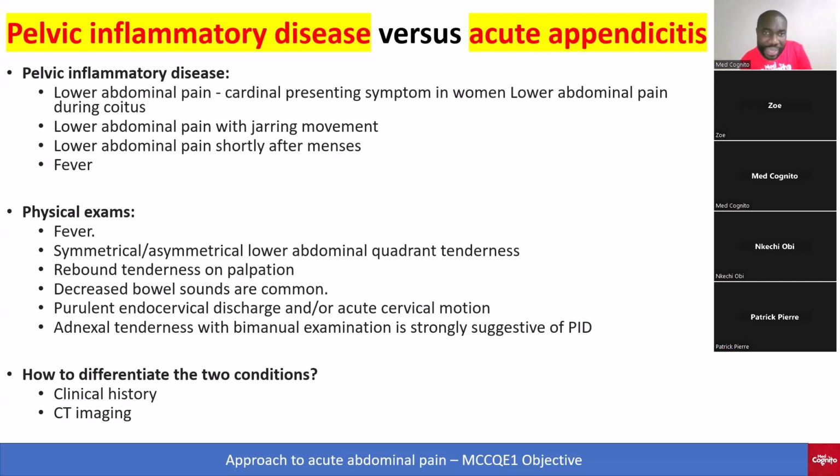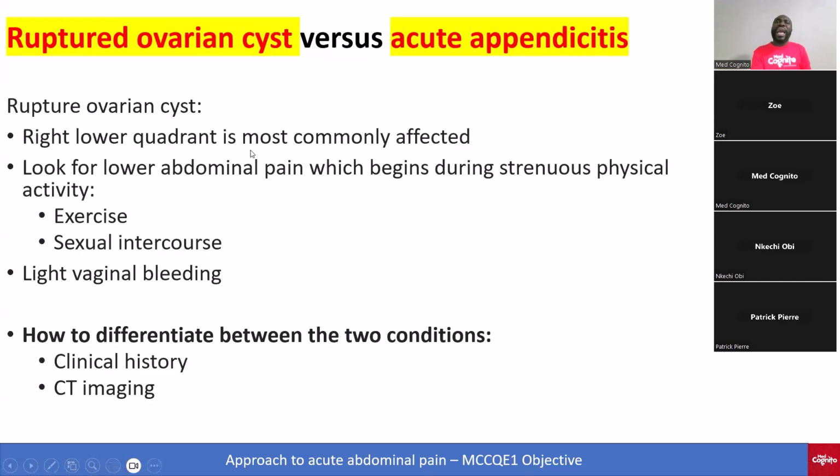Next differential diagnosis. How will I be able to tell the difference between ruptured ovarian cysts and acute appendicitis? So assuming I have a question stem and I see the answer options: ruptured ovarian cysts, Yersiniosis, pelvic inflammatory disease, all these ones, how will I be able to tell?